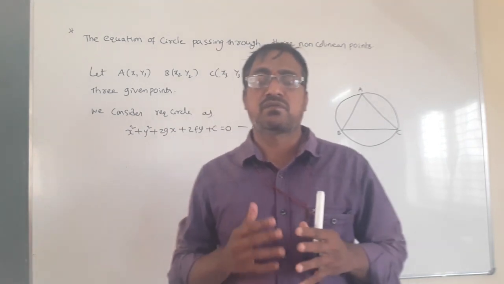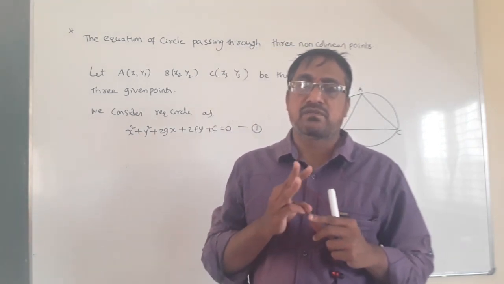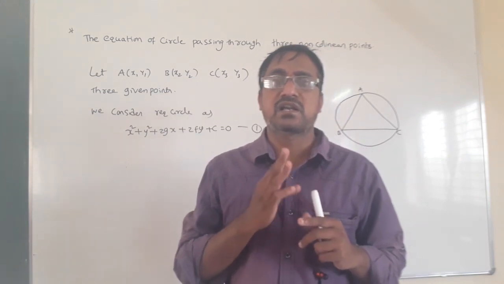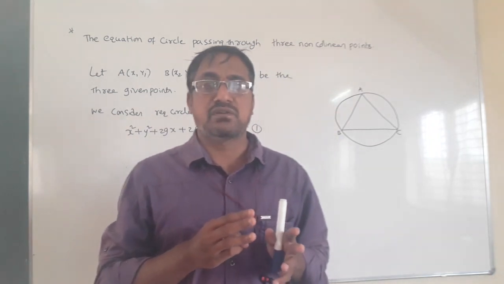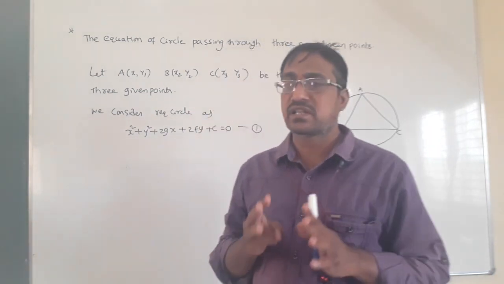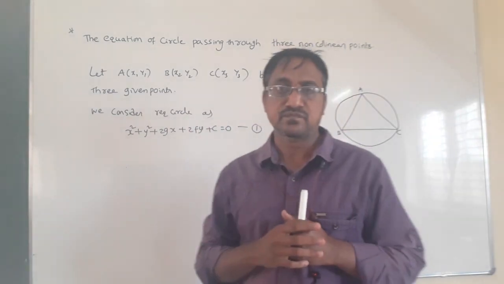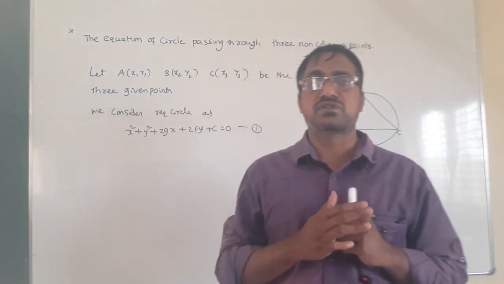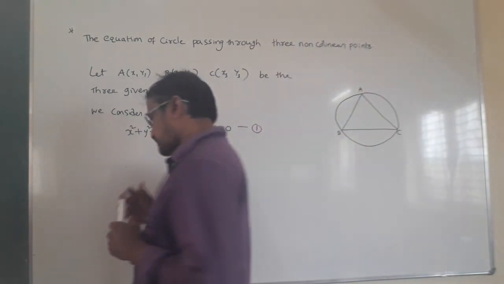So in this circle you need to find 3 arbitrary constants. They are g, f, c. If you can find those 3 values, you will get the circle.